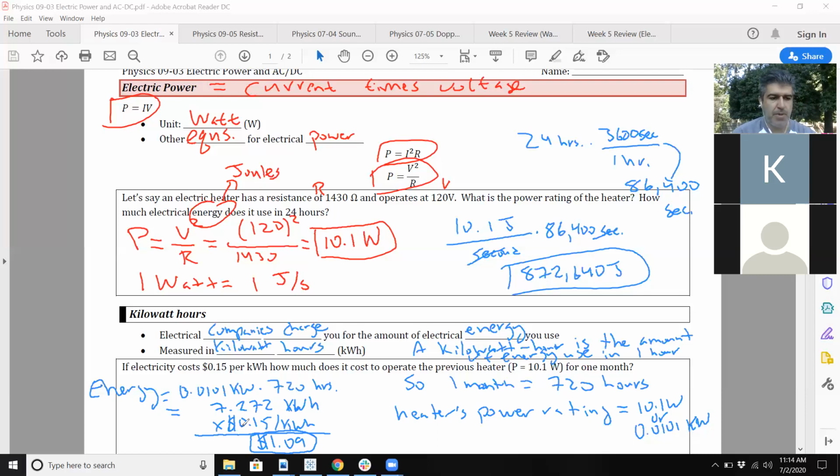So let's do some practice problems in breakout rooms, just so you get a little practice of this. Let's do maybe 5 through 10.